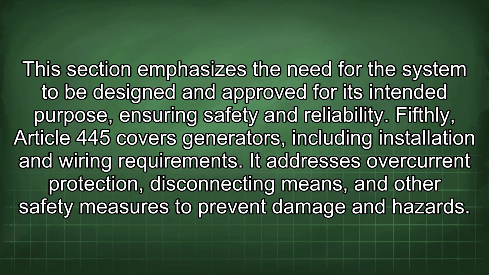This section emphasizes the need for the system to be designed and approved for its intended purpose, ensuring safety and reliability. Fifthly, Article 445 covers generators, including installation and wiring requirements. It addresses overcurrent protection, disconnecting means, and other safety measures to prevent damage and hazards.